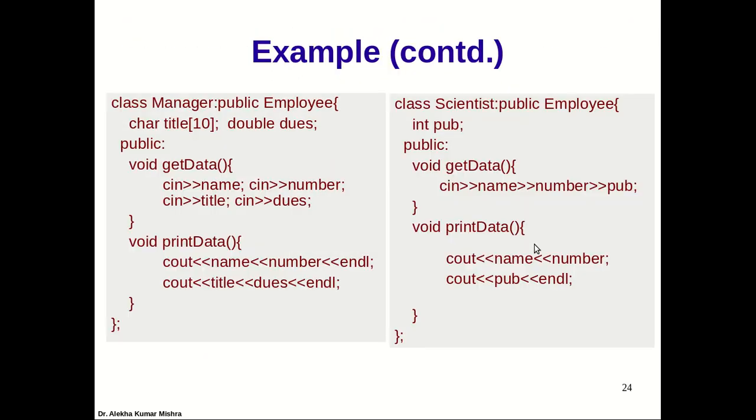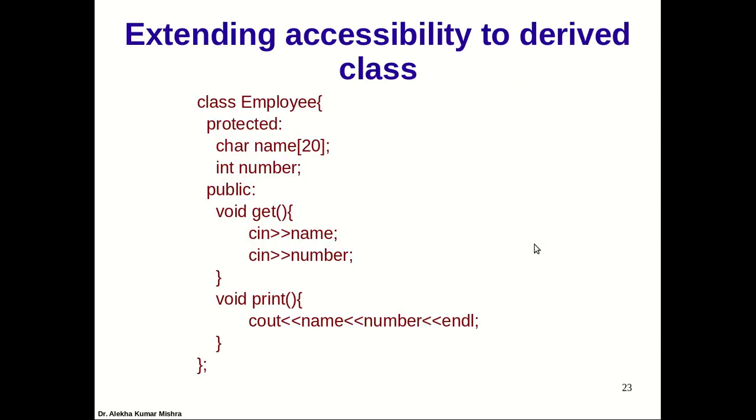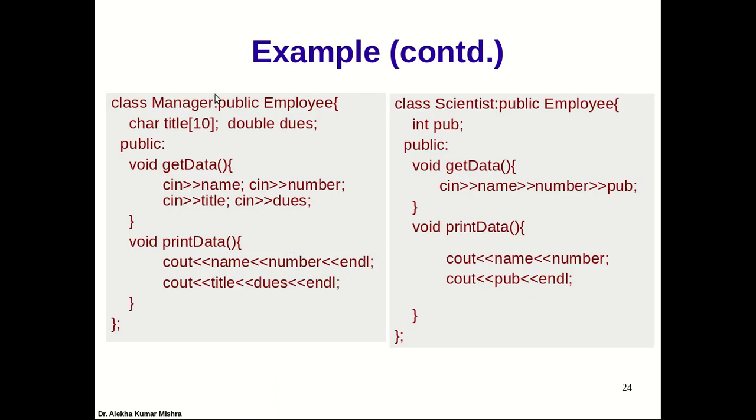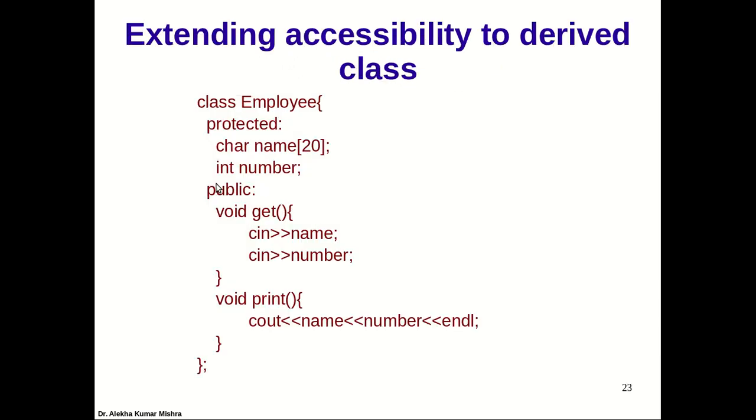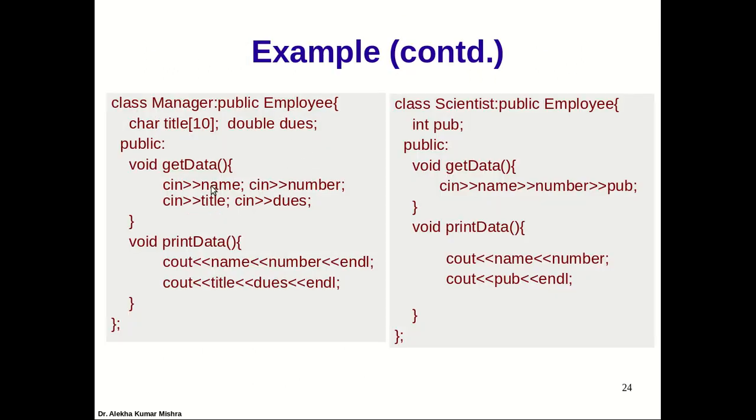Now since the inheritance type is public, and the data members are of visibility type protected, we can access these data members directly in the derived class. So in get data, we can take the input for the employee name and employee number directly without the help of the get function or the print function of the base class, because they are no more private, they are protected, so they can be accessed directly in the derived class.